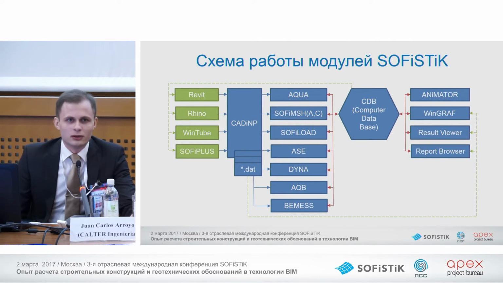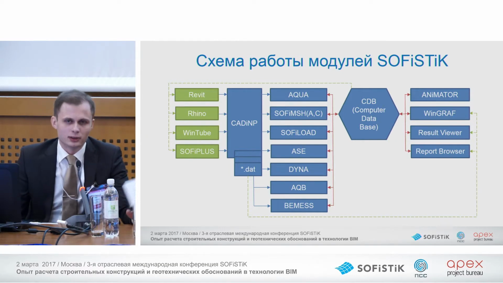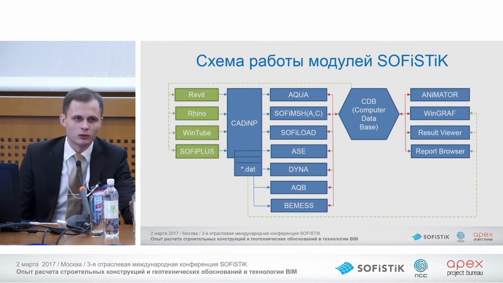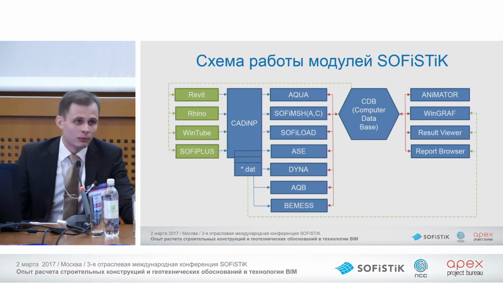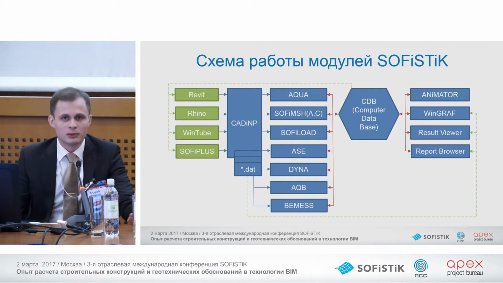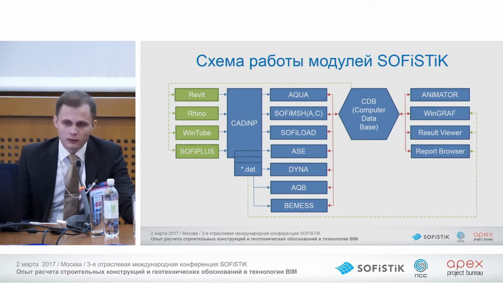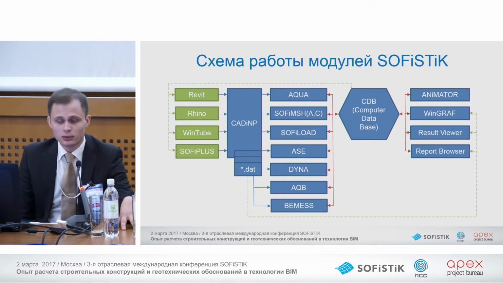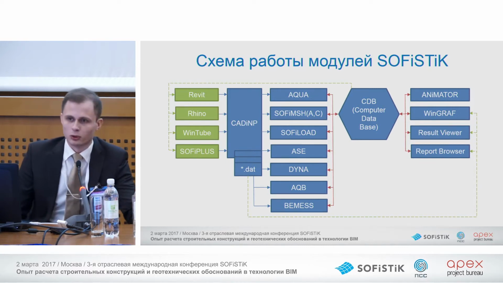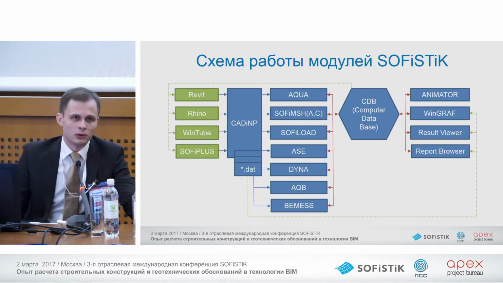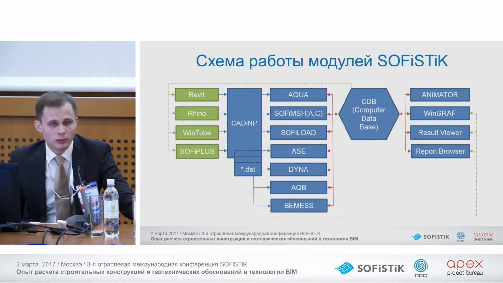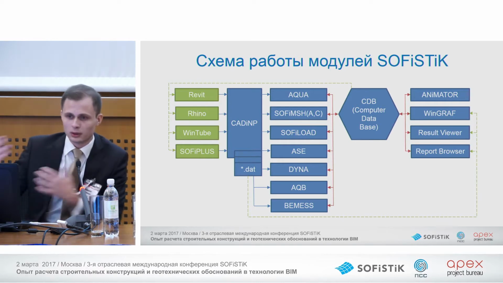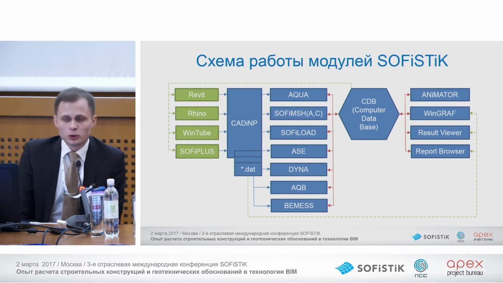So, Revit, Rhino, make your model, develop your model, then press a button, export, and the computer starts thinking and then launches SOFiSTIK MPS. And it generates a CADINP code, which you could write manually yourself. But all the models are transformed to CADINP, and then CADINP launches a model, any model it needs. The modules just take information, process it, and make entries into a database. And then we store the information in the database.